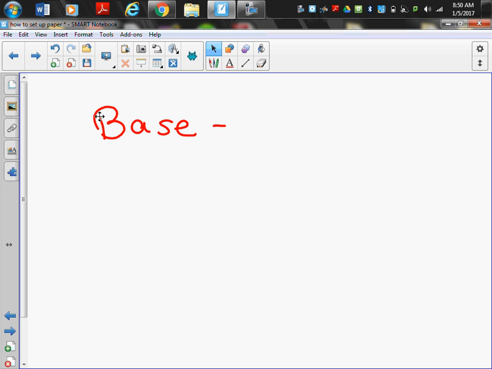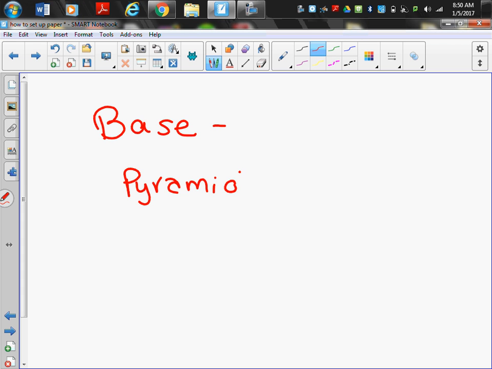The base. If it is a pyramid, it will have one base. That means one side that is not necessarily a triangle.